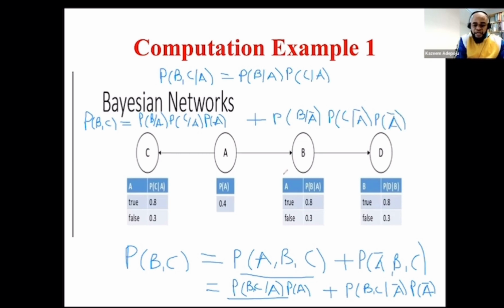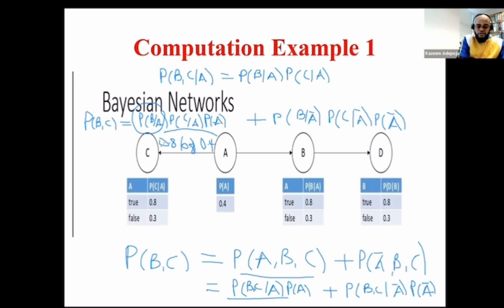Now you can come back here. What is the probability of B given A? That is 0.8. What is the probability of C given A? That is 0.8. What is the probability of A? That would be 0.4.